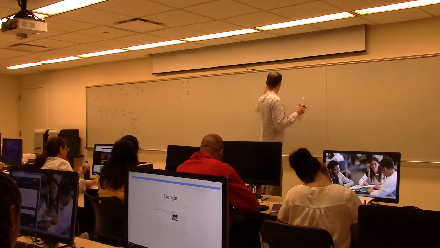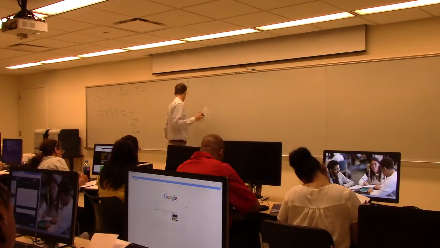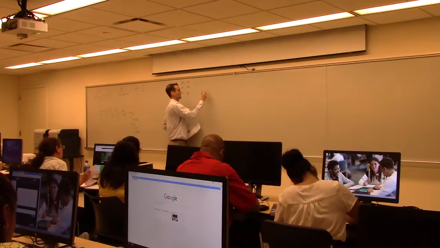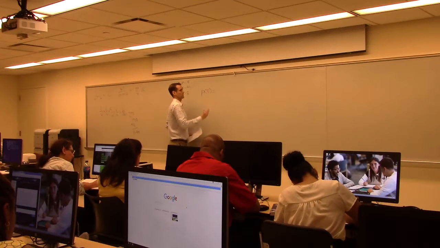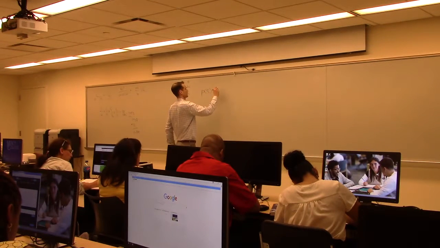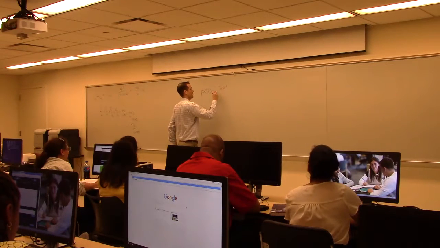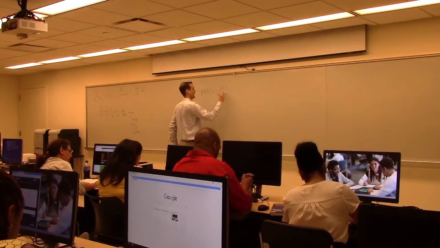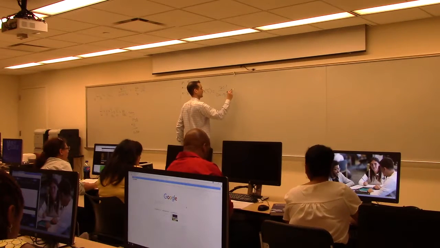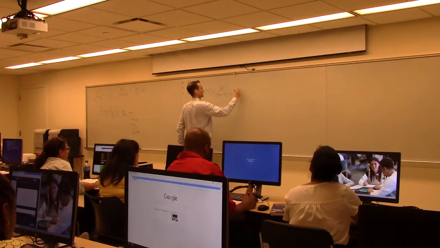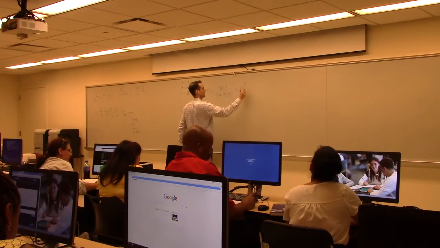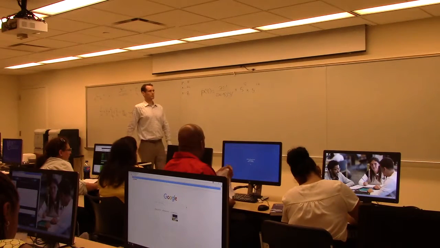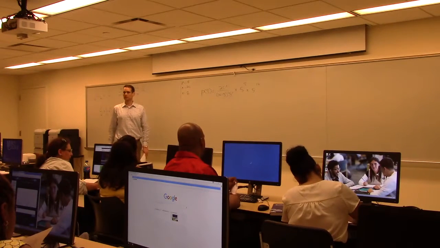Okay, so probability of 8 equals 20 factorial over 20 minus 8 factorial times 8 factorial, times 0.5 raised to the 8th times 0.5 raised to the 12th. You like that?